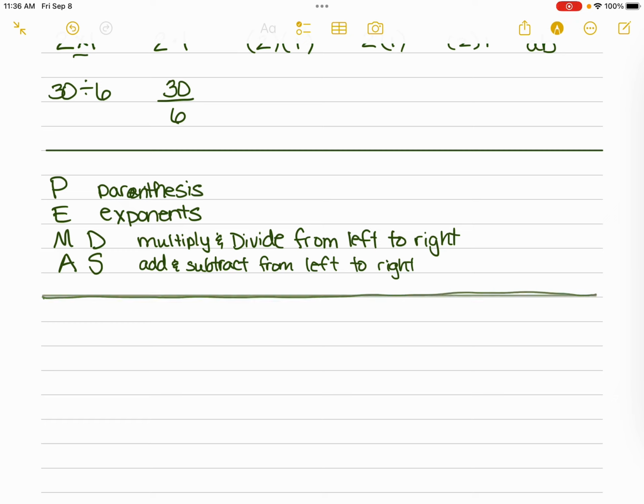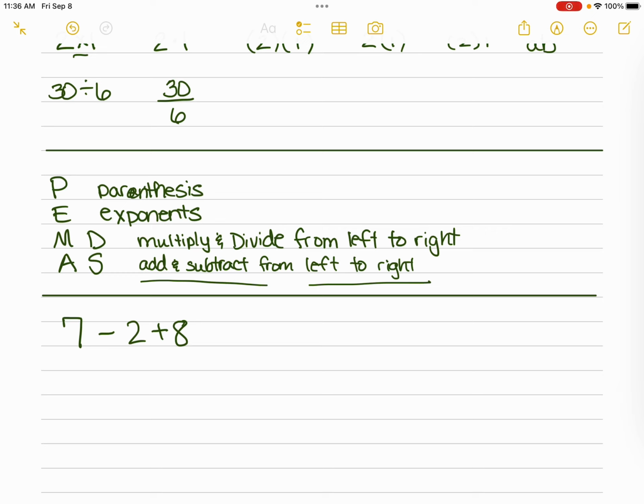Okay, if I had 7 minus 2 plus 8, so some kids think adding comes first because in the word PEMDAS, the A comes first. But right here it says add and subtract from left to right. That's the main thing with adding and subtracting is you start on the left, then go to the right.